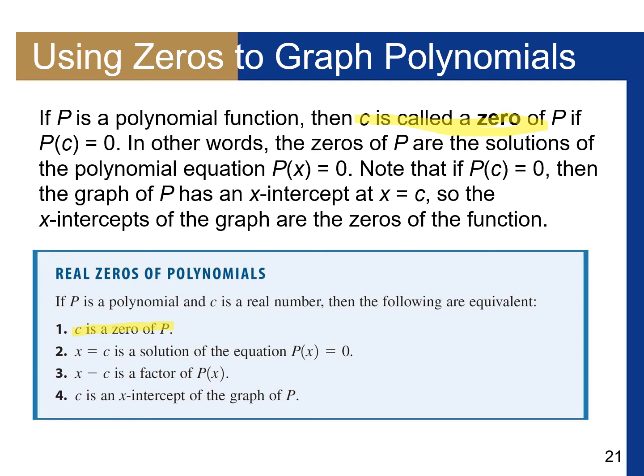And it also means that if I subtract c from both sides, x minus c is a factor of the polynomial. Another thing it means is that c is an x-intercept of the graph of p. So it does, in fact, touch the x-axis at that value.